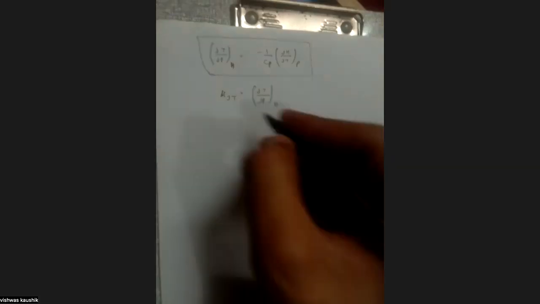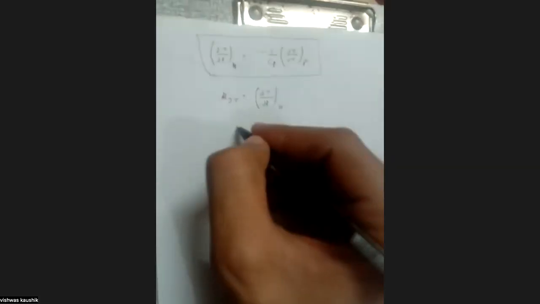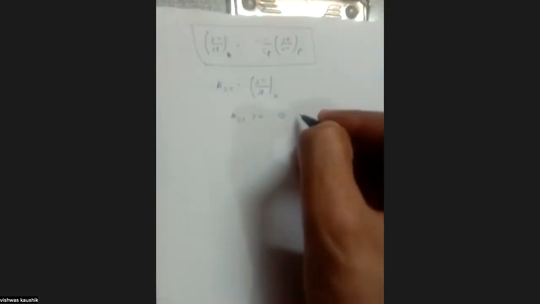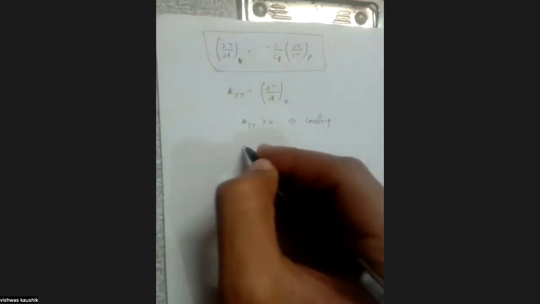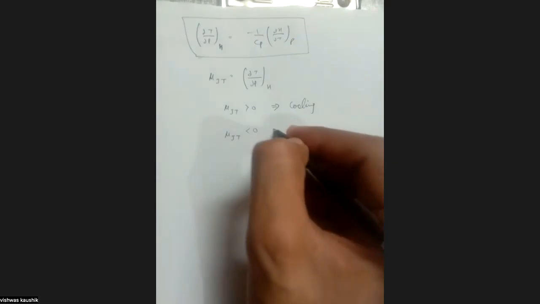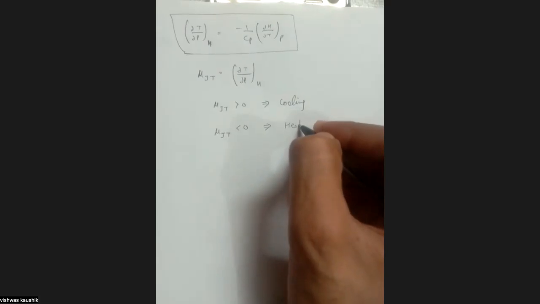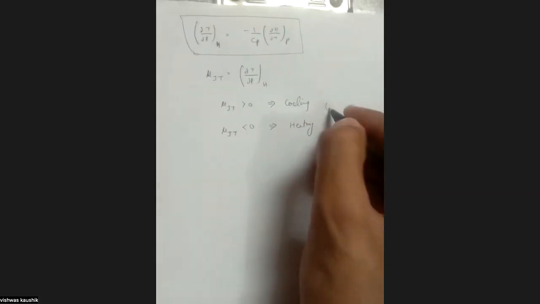For an ideal gas, mu JT is equal to 0 always. Why? Because, sir, for an ideal gas there are no intermolecular interactions. Or we can say that if mu JT is equal to 0, then B will be equal to 2A by RT.